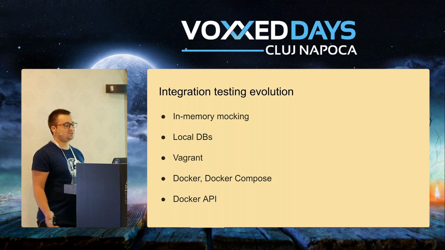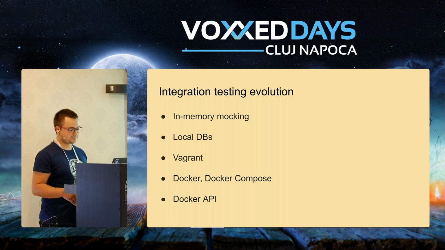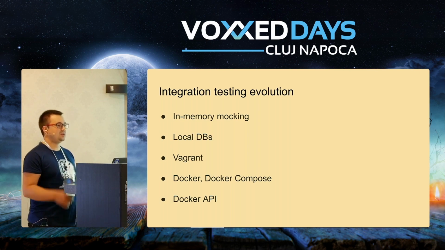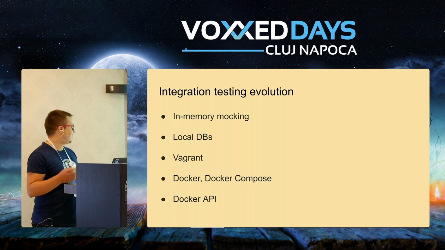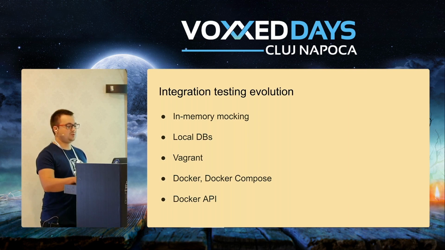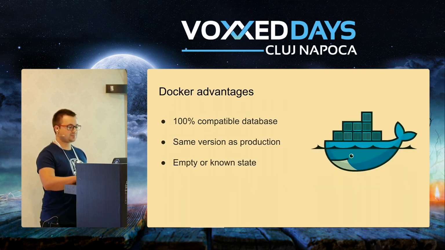So you can have a shell script and write docker run, and then you will get some database running. And the next step is the Docker API, and what we're going to talk about today, the Testcontainers library, is based on the Docker API, so it will be more flexible to use.